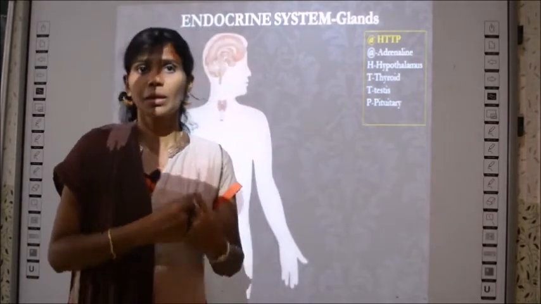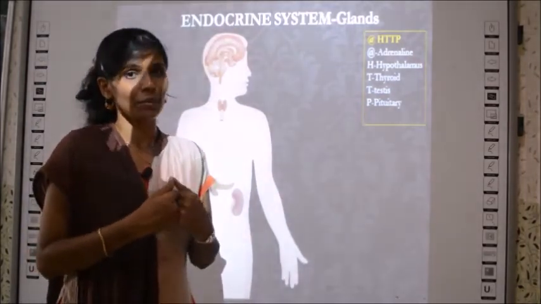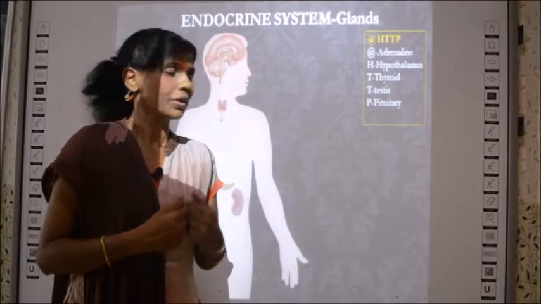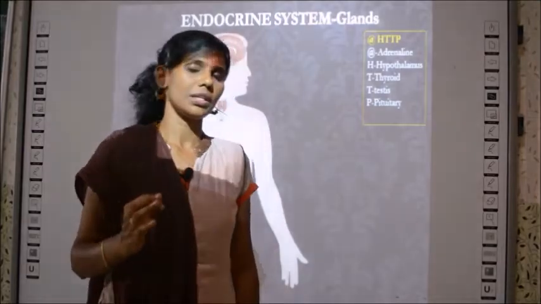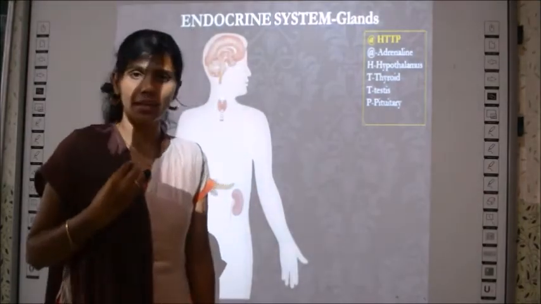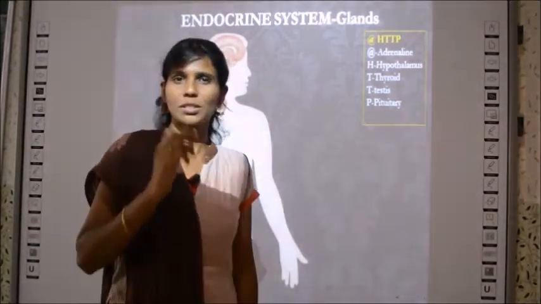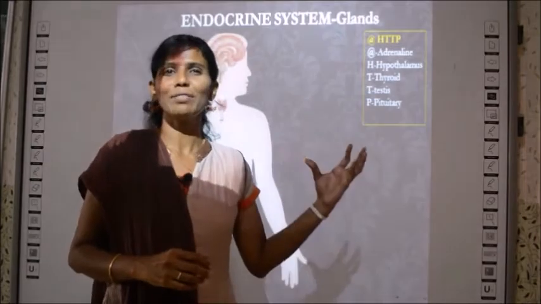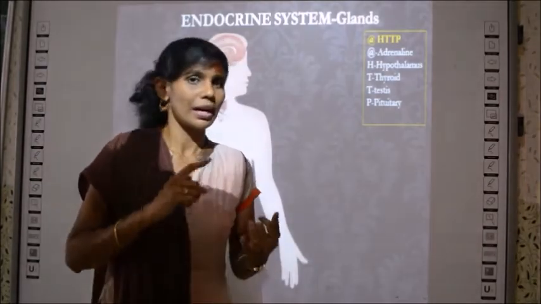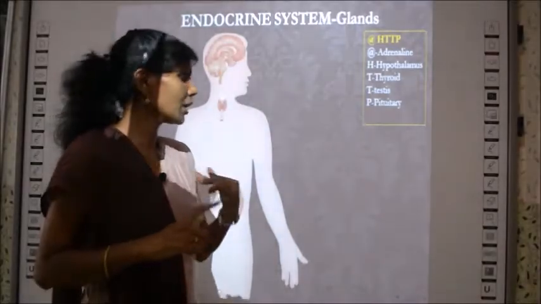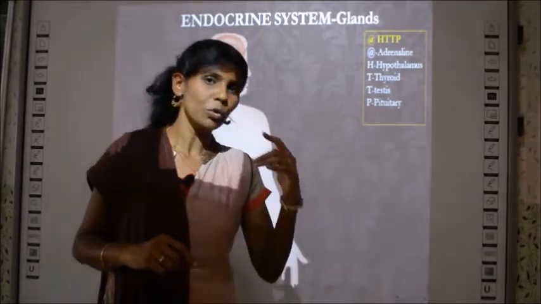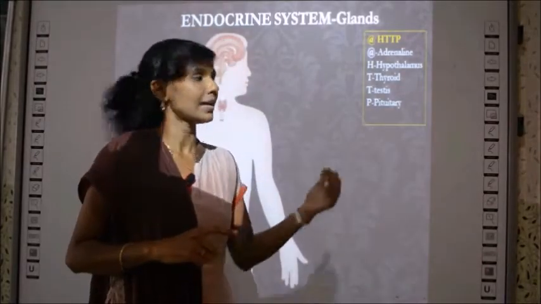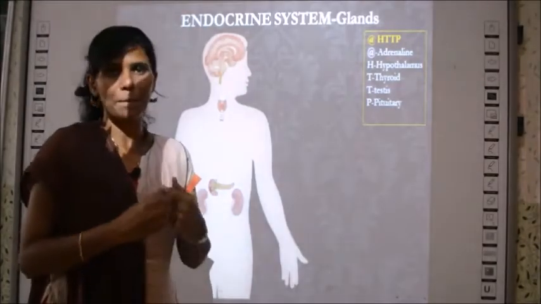What is testis? It is the male reproductive organ. The last P stands for pituitary. Spell these words again and again so that it registers in your mind. So what are the 5 glands you are going to study? Adrenal, H for hypothalamus, T for thyroid, one more T for testis, and the last P for pituitary.